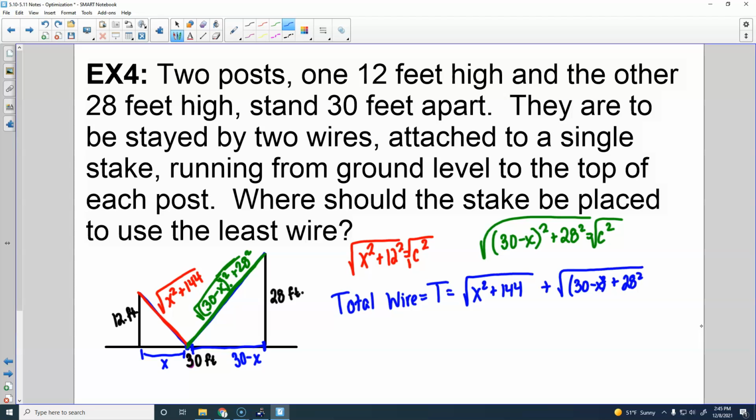I realize we could graph this and find its maximum or minimum, right? So that is an option, but they will not give you anything on the AP exam where you can just graph it and find the minimum. So I want us to do this by taking the minimum like we've done on the other problems, but I will let us use our calculator, because doing this without the calculator is going to be painful.